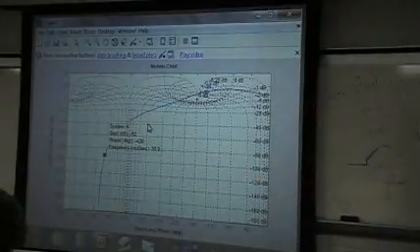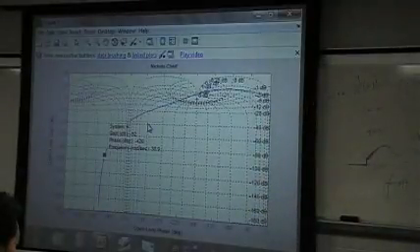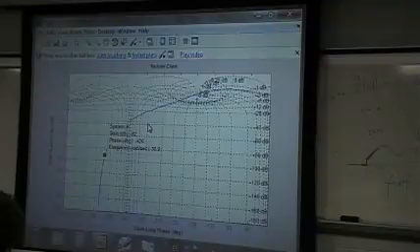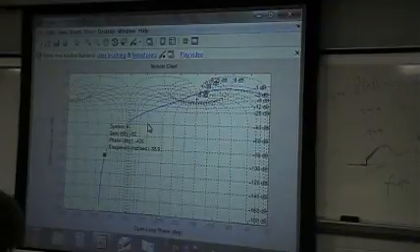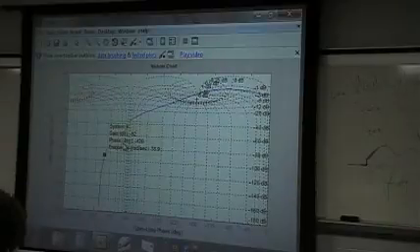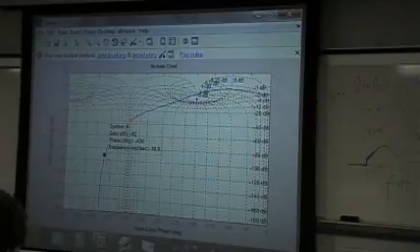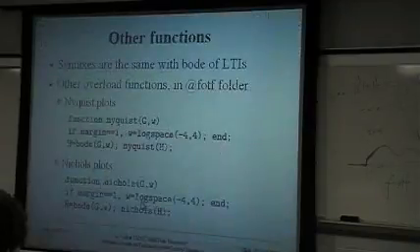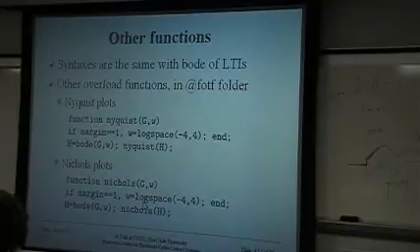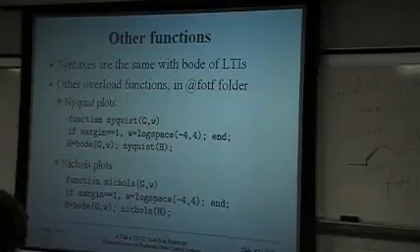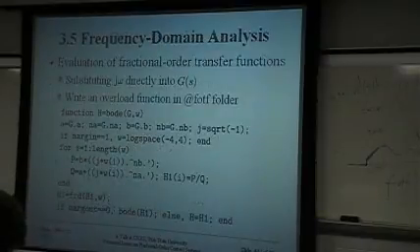So I'm trying to modify the smallest thing. It just slightly changes the definition of the responses, but most of the facilities are obtained by Matlab commands for integer order systems. So in this way, we can find the frequency domain response of the system easily.